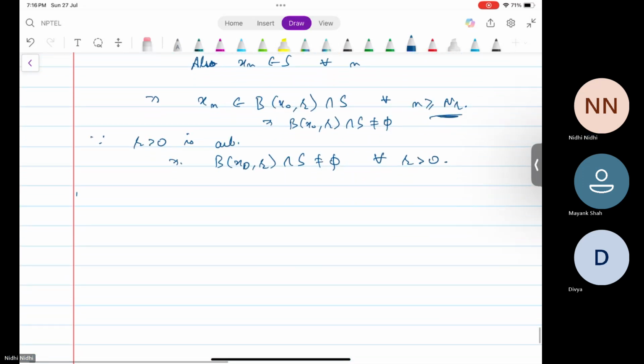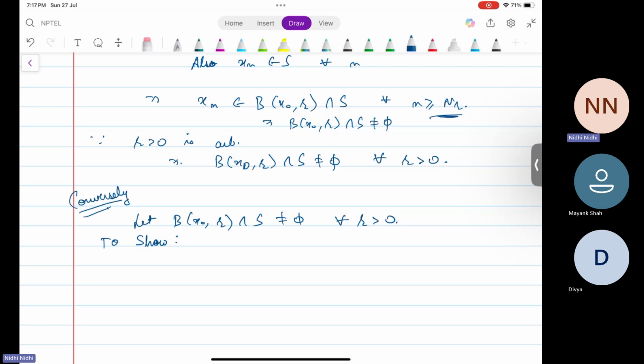Conversely, let B(x naught, r) intersection S be non-empty for every r positive. And we need to show that this x naught is an other endpoint.